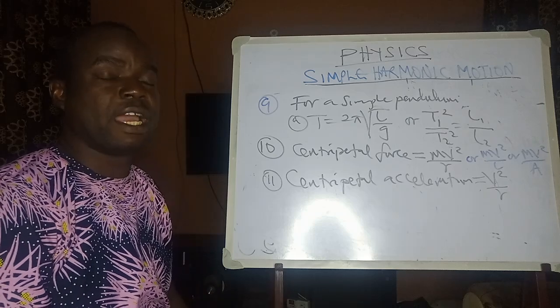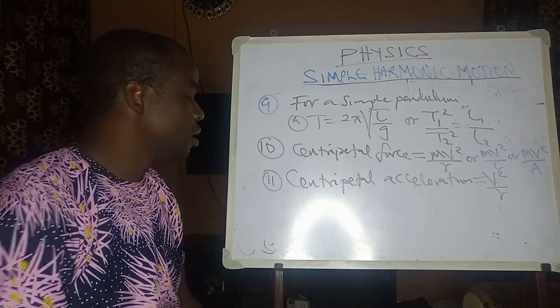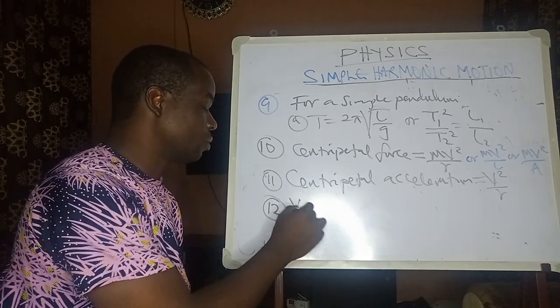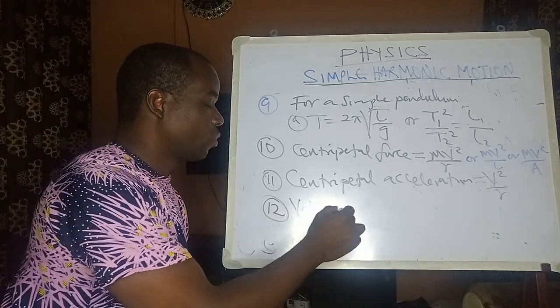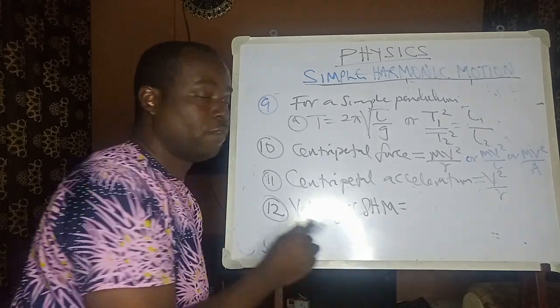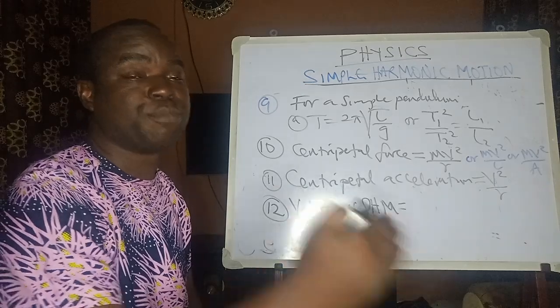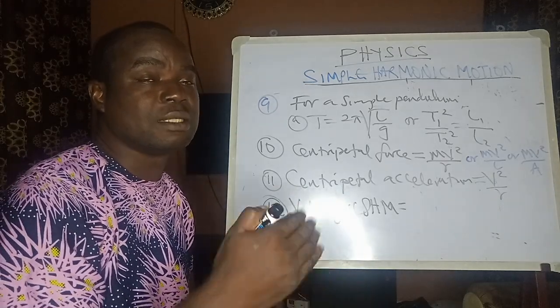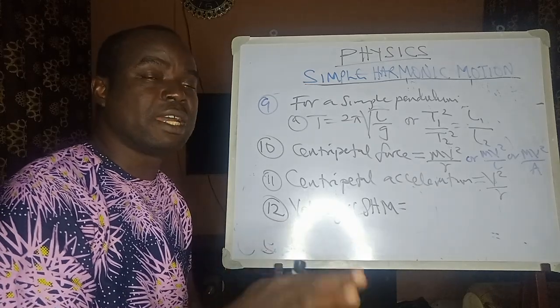Now, we move ahead. The next formula we're going to look at is formula for velocity of simple harmonic motion. Velocity can interchangeably be used as speed, though they are not the same thing entirely. In quantity, they are the same thing, but in direction, they are not the same thing.